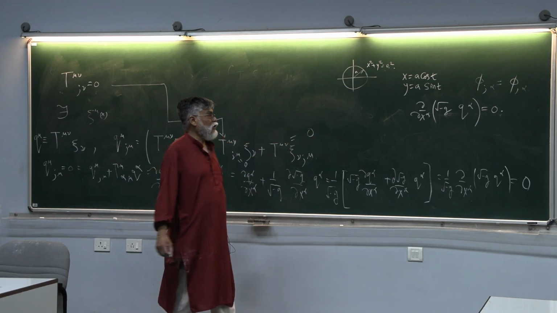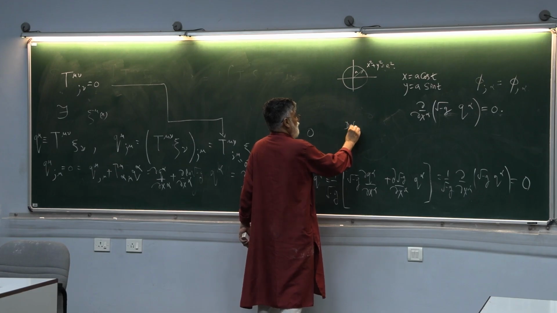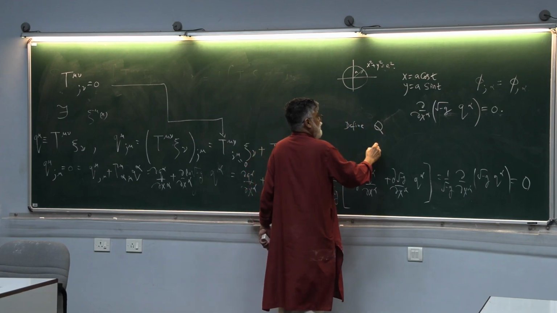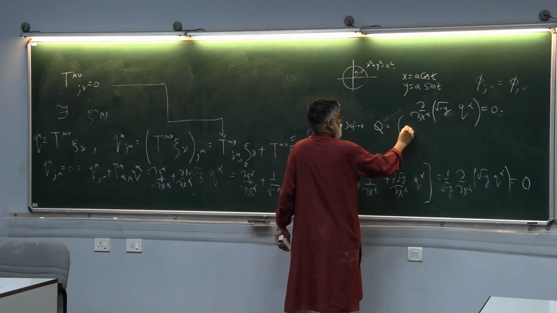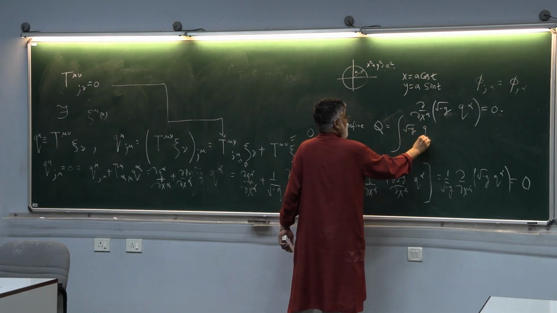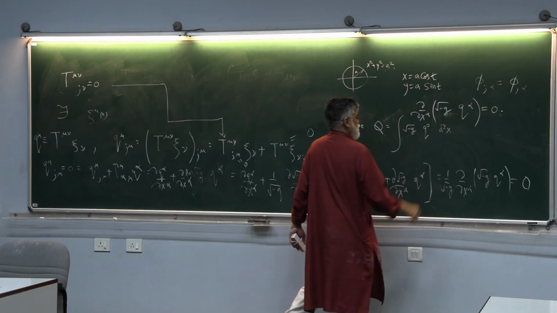How? Suppose I define capital Q to be this, root minus g q0 d cube x over space.